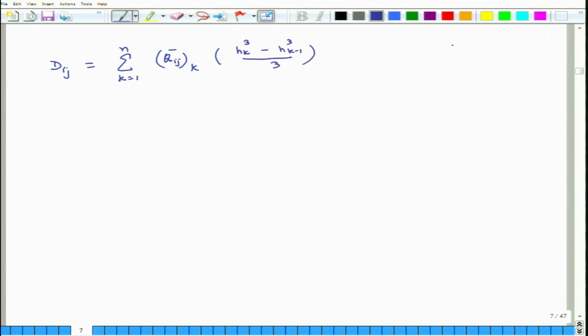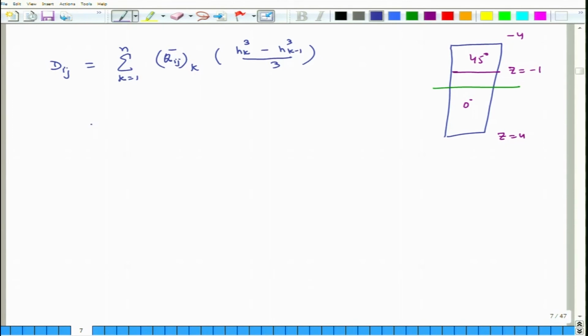Once again we draw the laminate cross section. This is the mid plane, this is the end of the first layer. So, this is the 45 degree layer, this is the 0 degree layer. Here z is equal to minus 4, here z is equal to 4, here z is equal to minus 1.